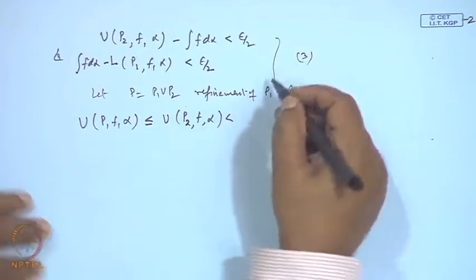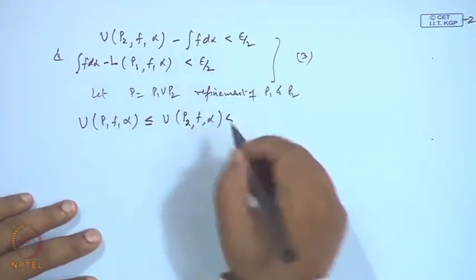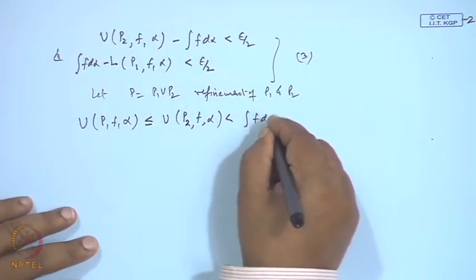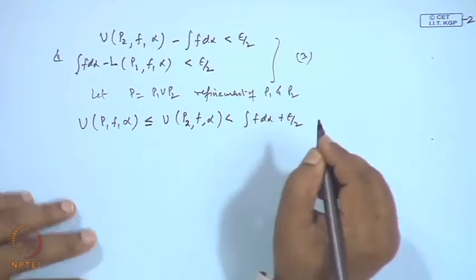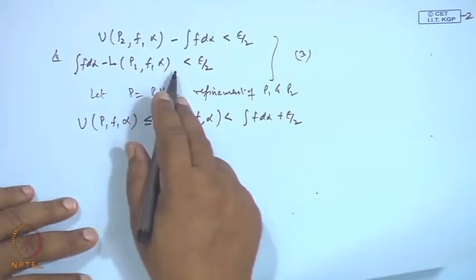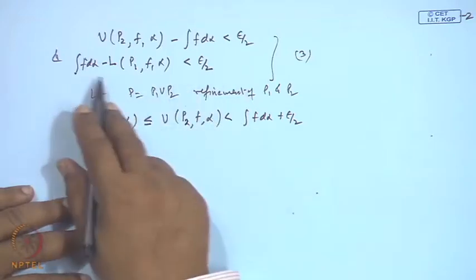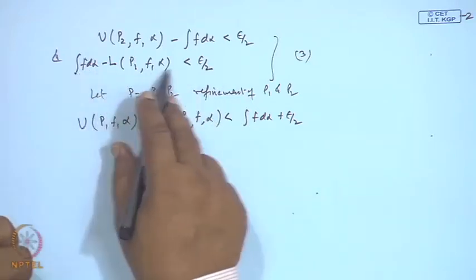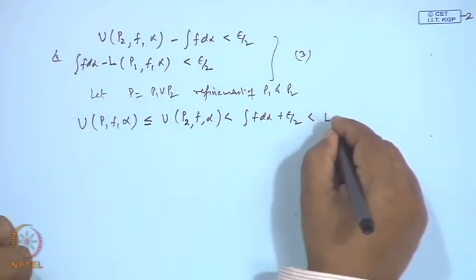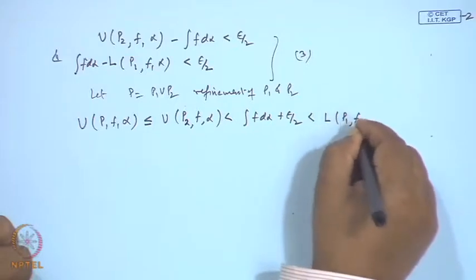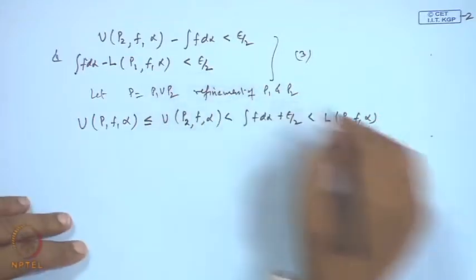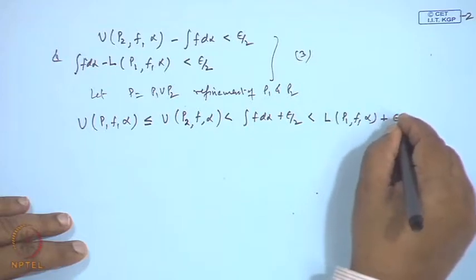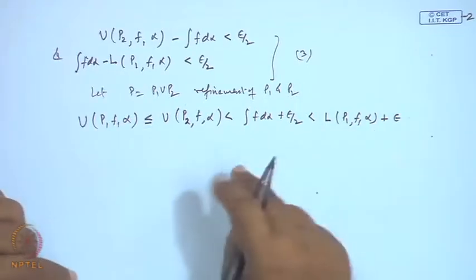Further, using 3, the upper sum of this is less than integral f d alpha plus epsilon by 2, is it not? Now, using the second part of this 3, integral f d alpha is less than the lower sum of P 1, f, alpha plus epsilon by 2. So, this is less than epsilon plus epsilon. Okay.